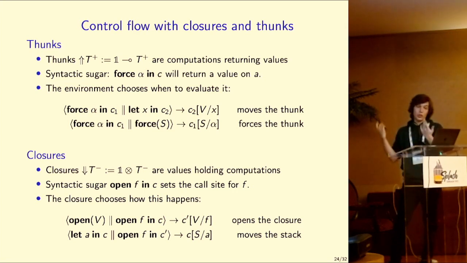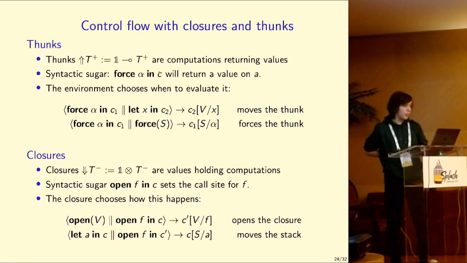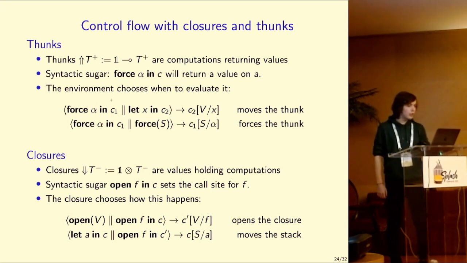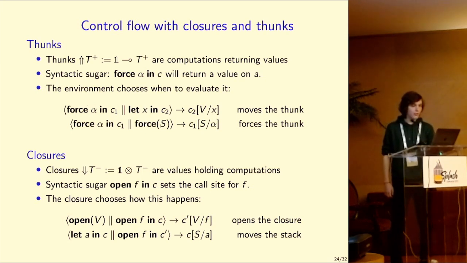The syntactic sugar is just some command with a continuation, and this command, when run, will provide its computed value to alpha. And so if we have some func on one side of the machine, on the other side we can either force the func and get the return value, or we can just bind it to a name x and manipulate it without running it.